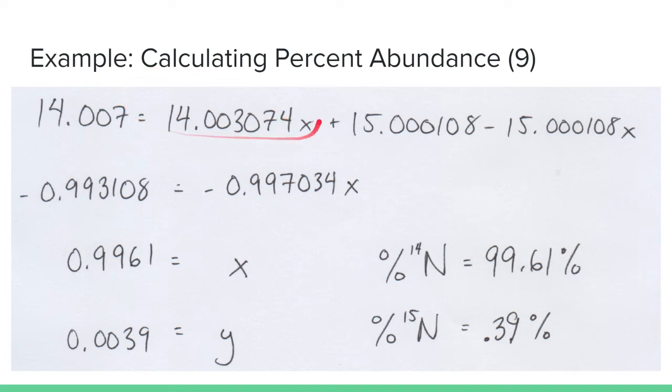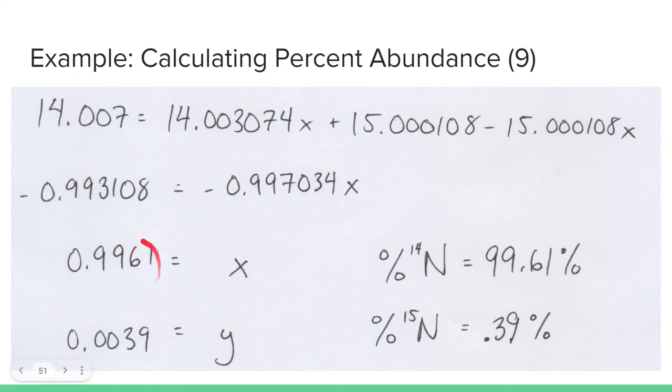First, I'm going to combine like terms. I'm going to take this term, combine it with this like term for x, and I'm also going to subtract both sides of the equation by 15.000108, and this becomes my new equation. Since both of these numbers are negative and I'm isolating for x, if I divide both sides of this equation by this negative coefficient of x, I get that x is equal to 0.9961.